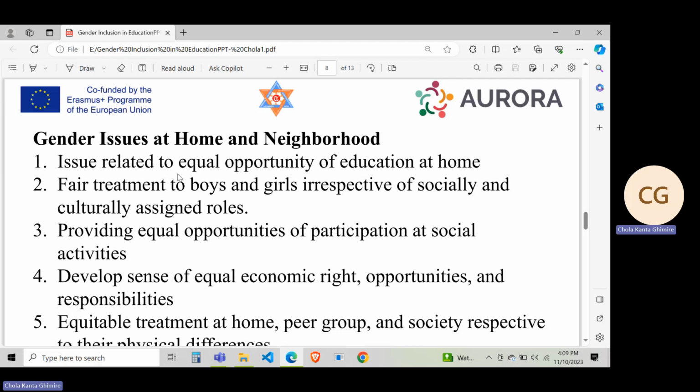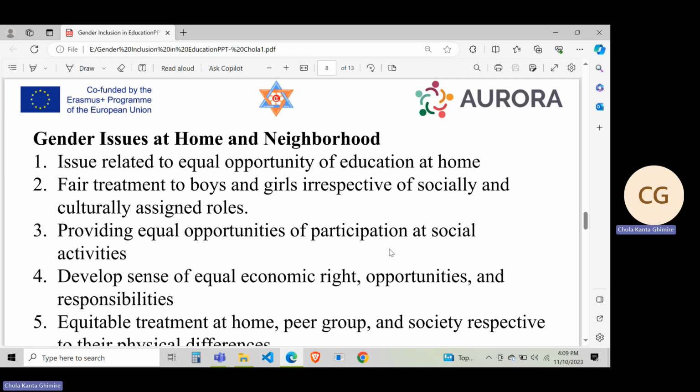These roles determine the activities and the perspective of society towards boys and girls. Therefore, this is another aspect of gender issues at home.